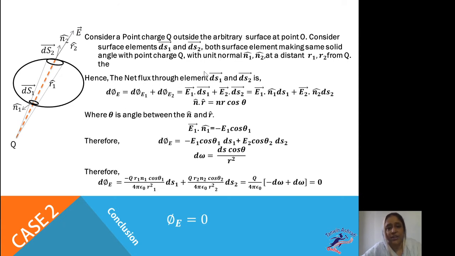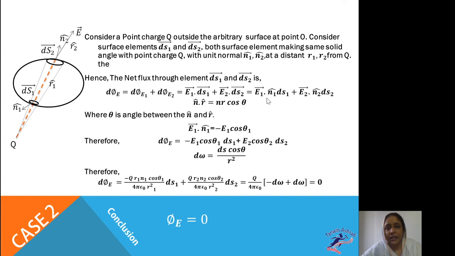Now the net flux through the elements ds1 and ds2 is dΦ = flux due to this plus flux due to this. Here dΦ_E1 and dΦ_E2 involve the electric field E1 at ds1 and the electric field E2 at ds2.